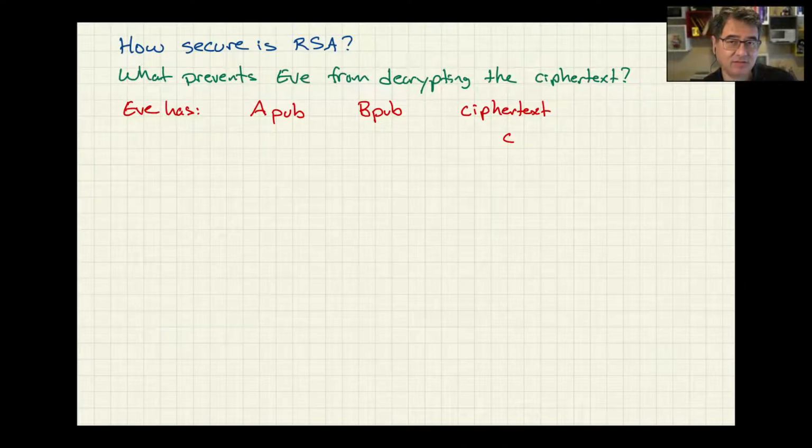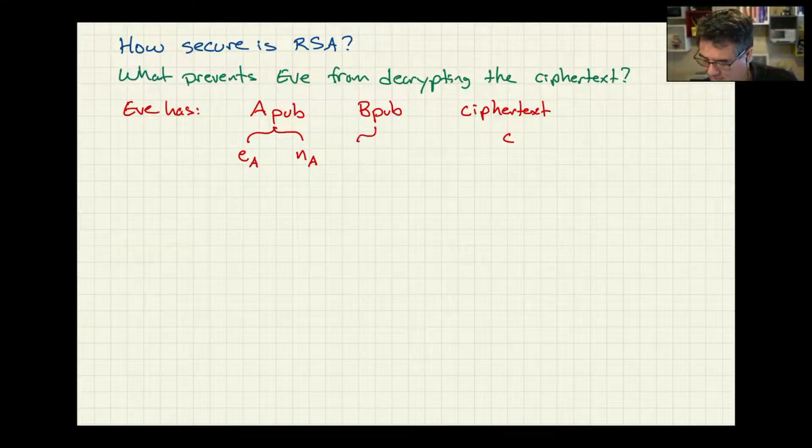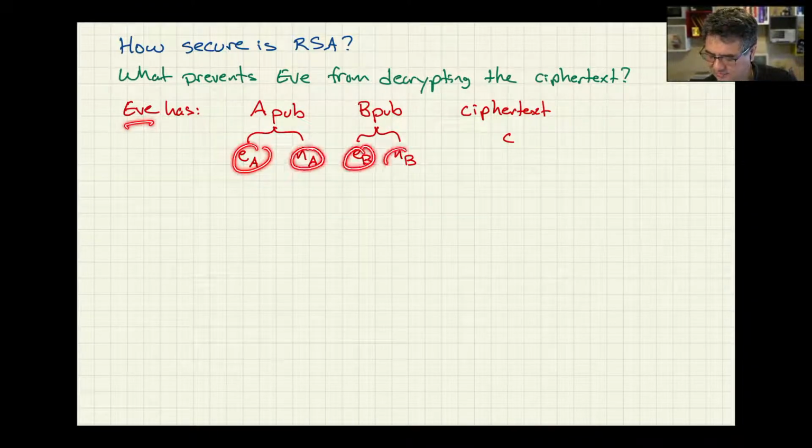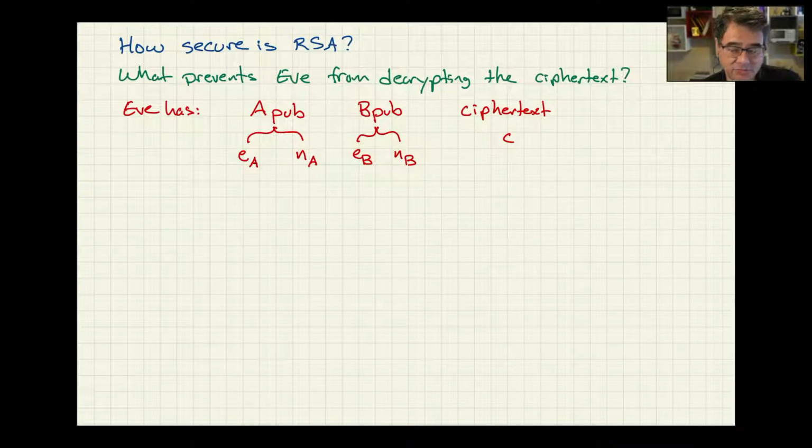The public keys, if you recall, are made up of two parts. Alice's public key is made of her encryption exponent and her modulus. And Bob's public key is made up of his encryption exponent and his modulus. So essentially Eve has these 5 numbers at her disposal.